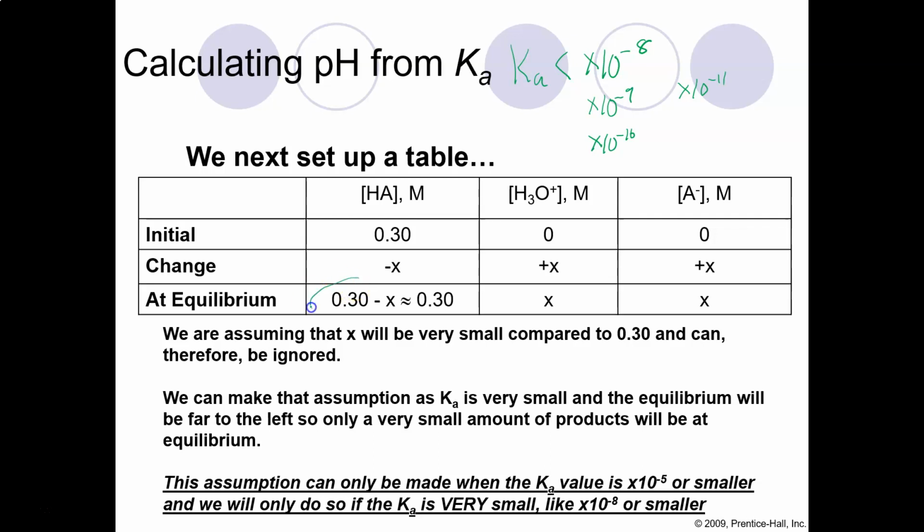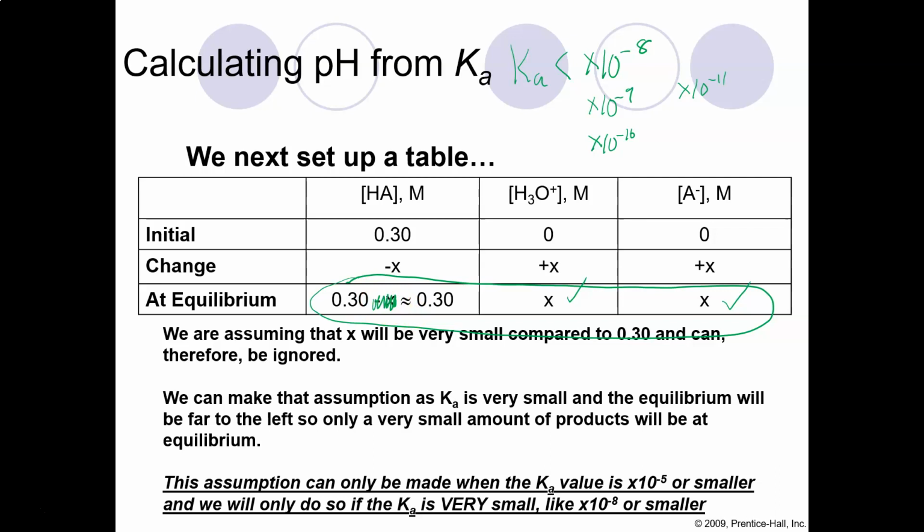Once we get to the equilibrium row, if we have anything like something plus x or something minus x, not like these that are just x, we can't get rid of x then, because that would be 0 or nothing, and that's not true. But any trailing x's, trailing after a number, we just get rid of, leaving just the number, and that gets us out of doing the quadratic formula.